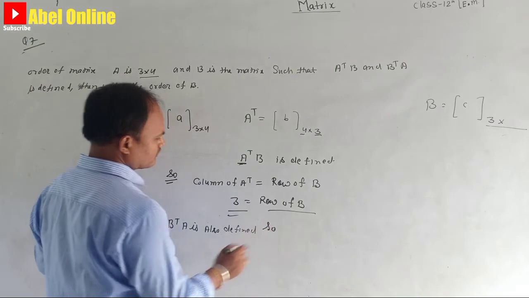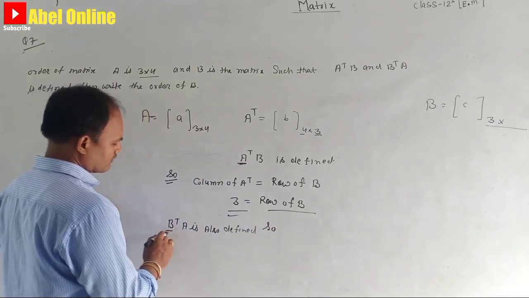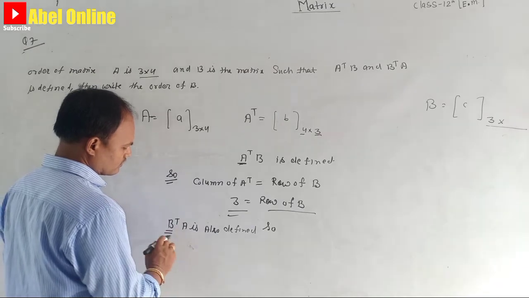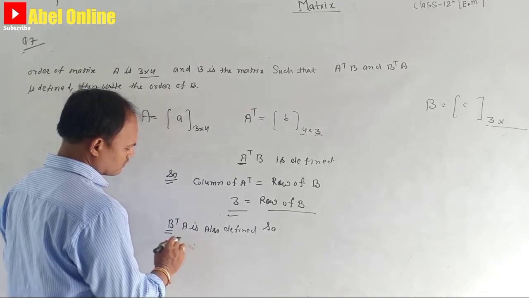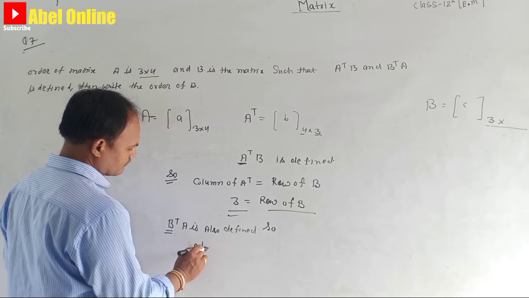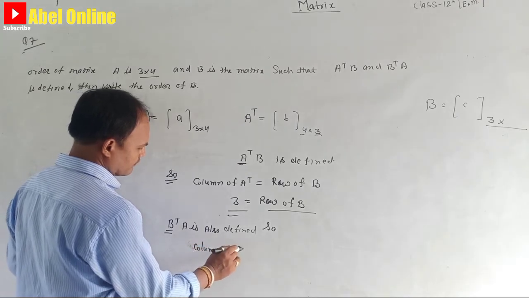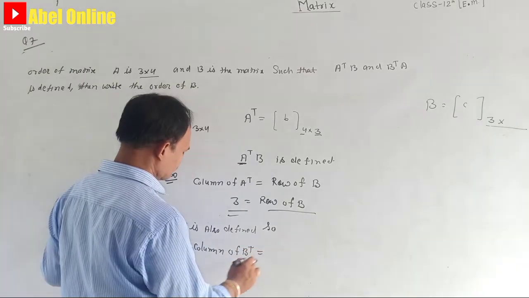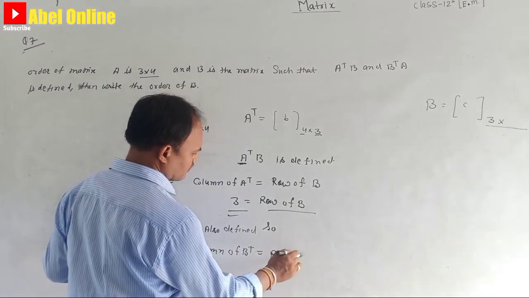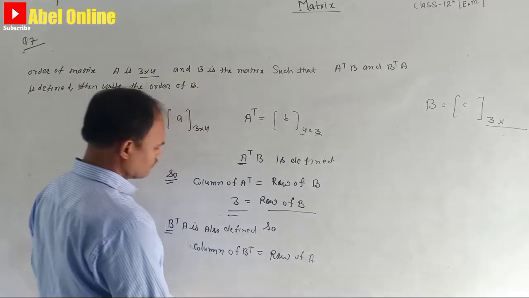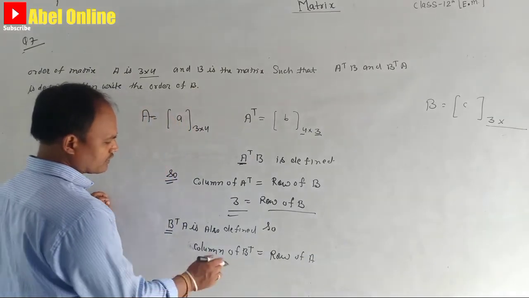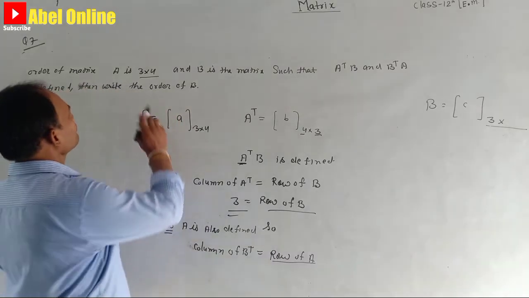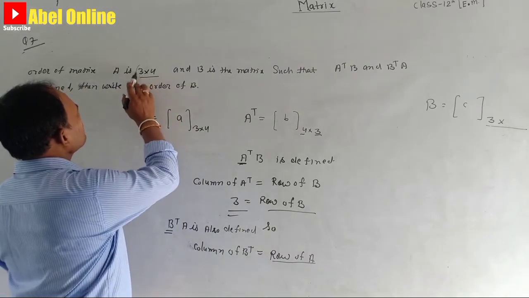So the column of B transpose is equal to the row of A. The row of A is 3.